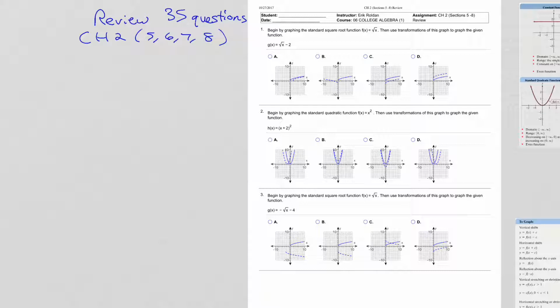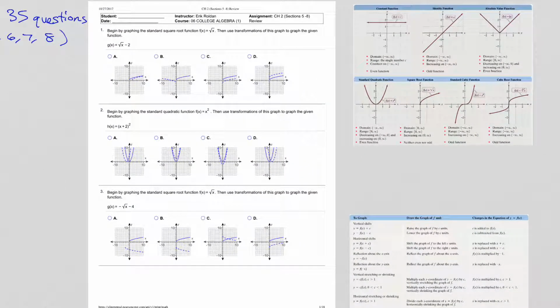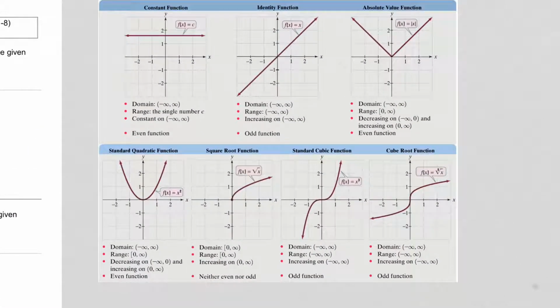Okay? Now, before we get into transformations in 2.5, let's just quickly look at our parent functions or common functions. We got the constant function, which is a horizontal line, f of x equals c.